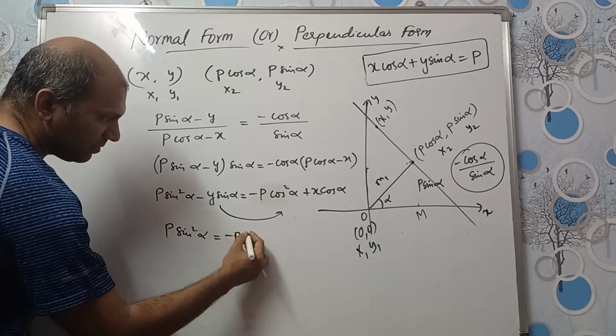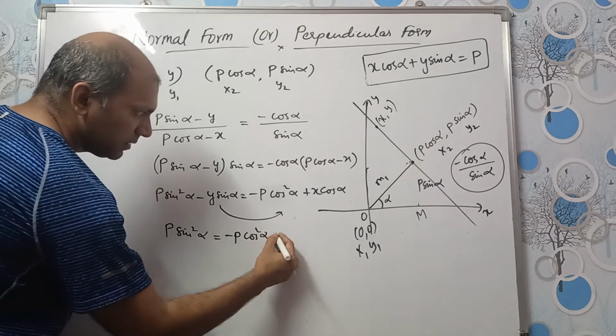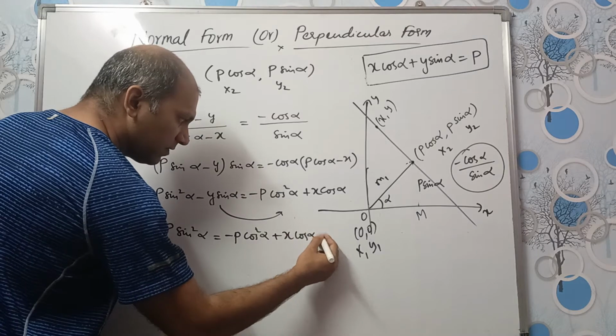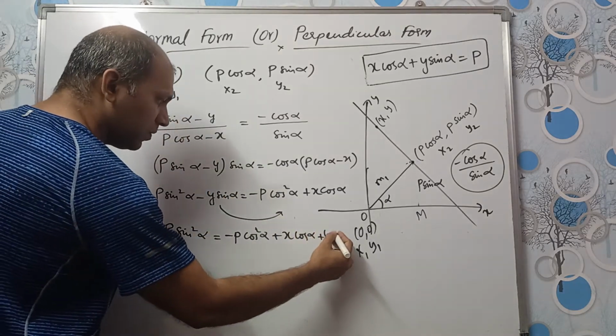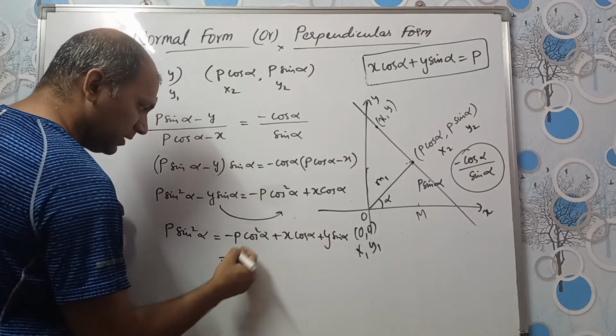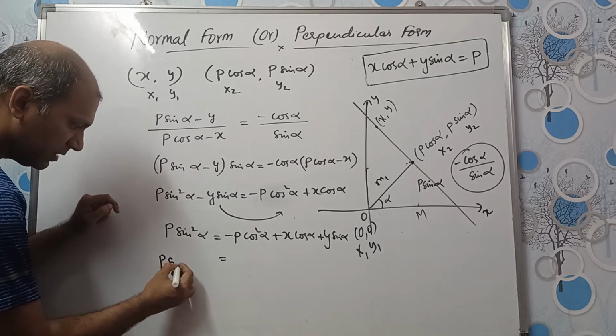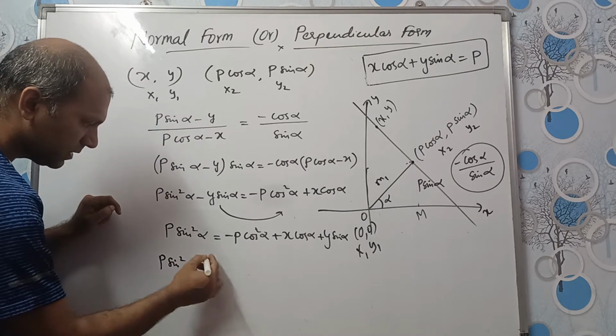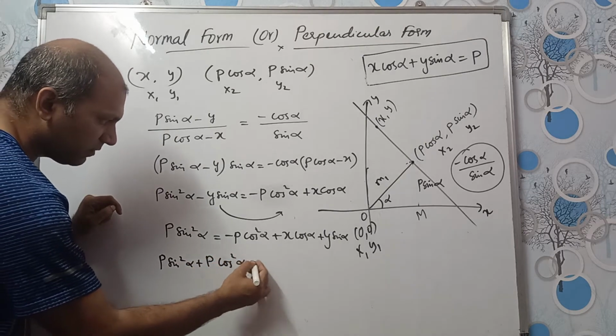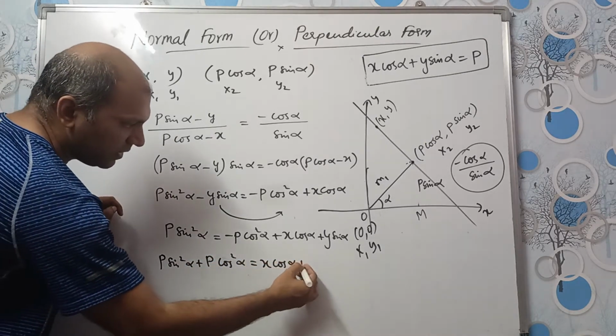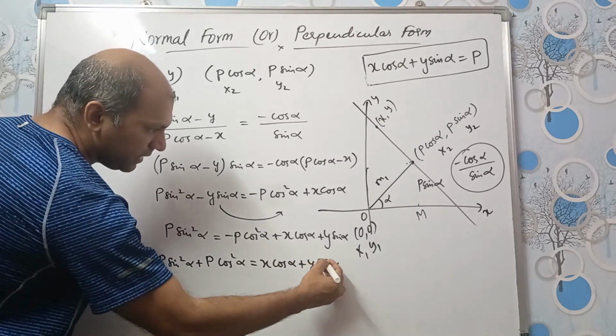So we have minus p cos square alpha plus x cos alpha plus, it is y sin alpha. Now send this minus p cos square alpha this side: p sin square alpha plus p cos square alpha is equal to x cos alpha plus y sin alpha.